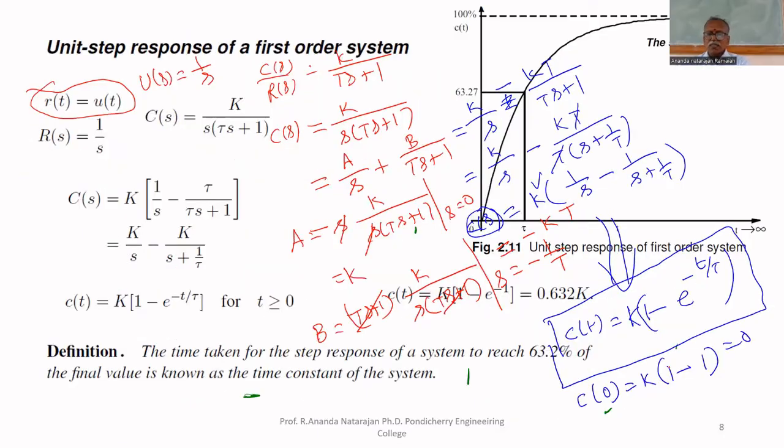Here, you can see that the step response starts at 0. C of infinity equal to what? The final value: we have to substitute t equal to infinity. E power minus infinity equal to 0. Therefore, the final value is K. Finally, it will settle at K, while initially it is at 0.